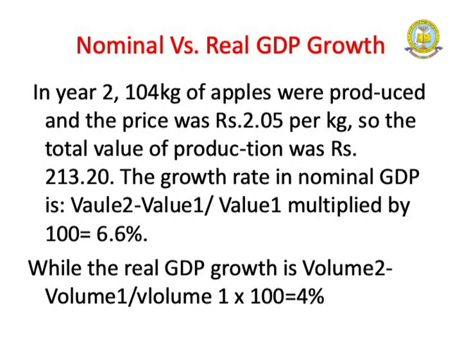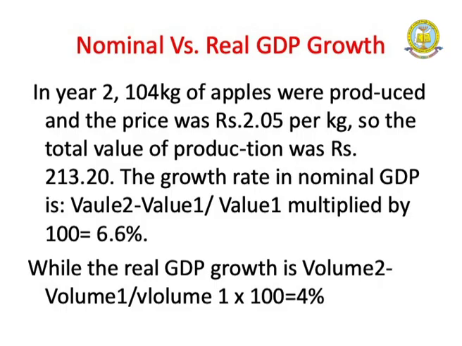The growth rate in nominal GDP is value 2, that means value of goods produced in the second year minus value of goods produced in the first year, divided by value of goods produced in the first year, and to calculate percentage we multiply it by 100, that means 6.6%.